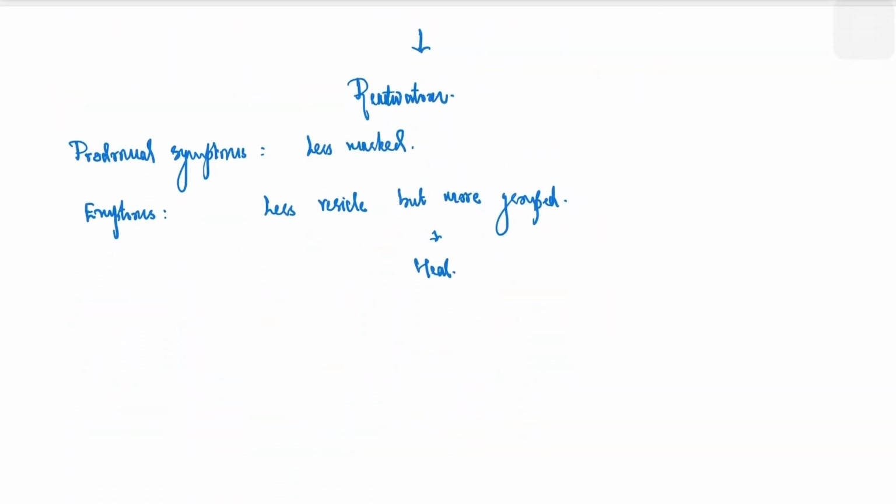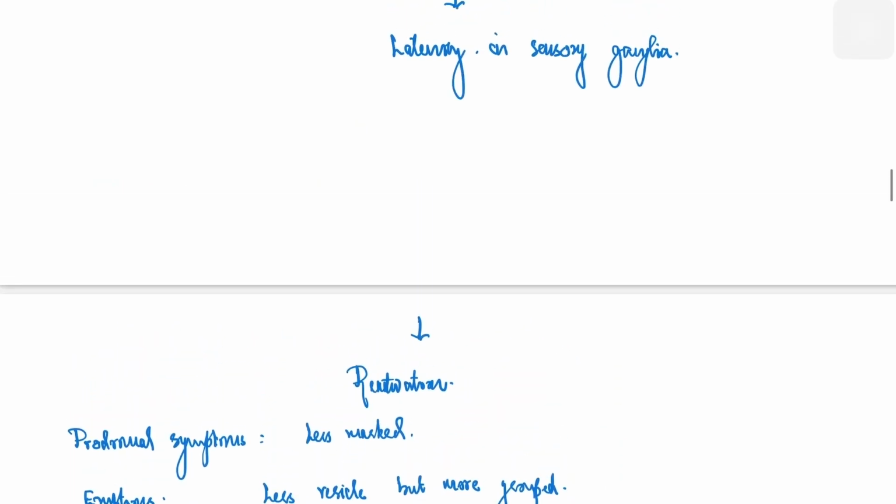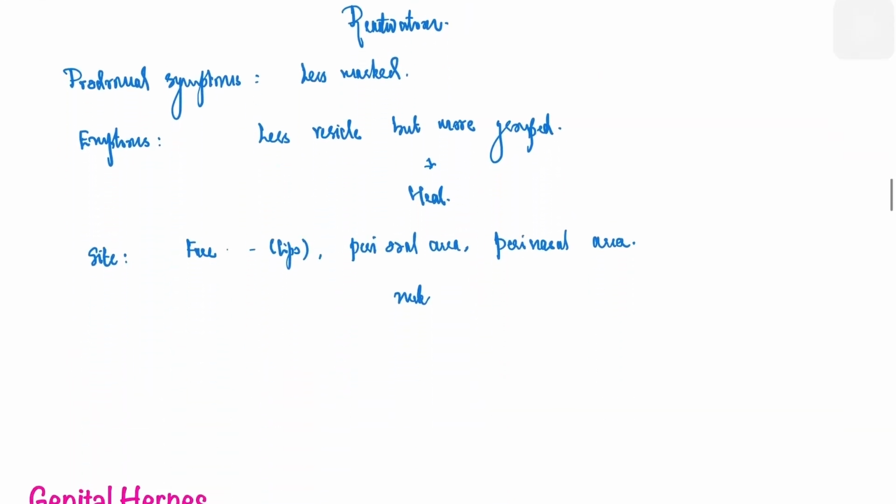Whereas in reactivation, recurrences, the sites will be on the face, mostly the lips or the perioral area, the perinasal area, and neck. These are the sites of reactivation.